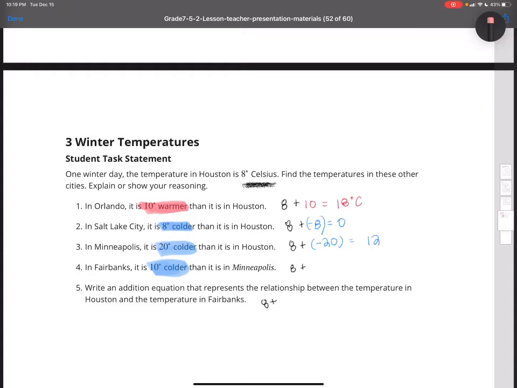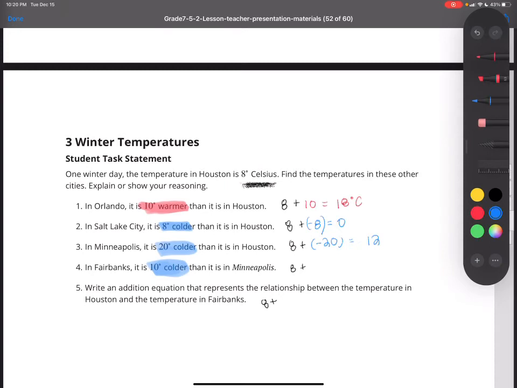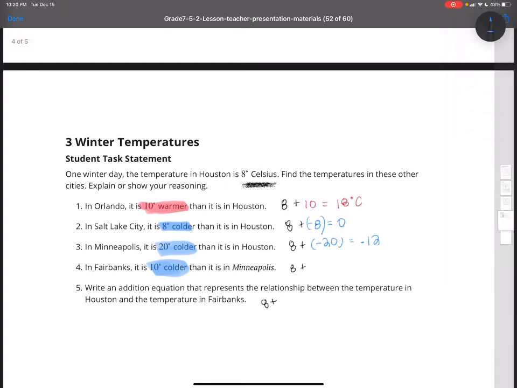The reason I'm bringing that up is because that's going to help me determine the sign of my answer. So since 20 is the furthest away from 0, your answer would be negative 12, because negative 20 would be further away from 0.